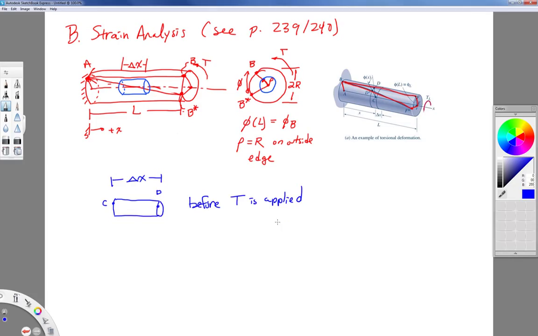Now, after the torque is applied, both of these points are going to rotate some because C is not on the fixed end. Let me redraw this little section. And C goes to C star, D goes to D star.